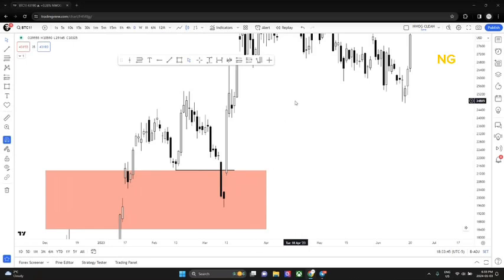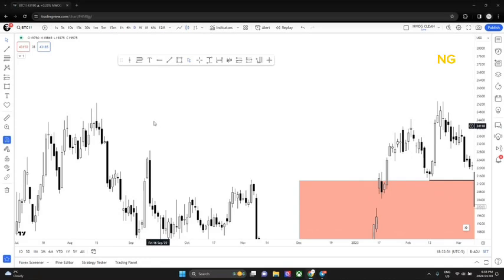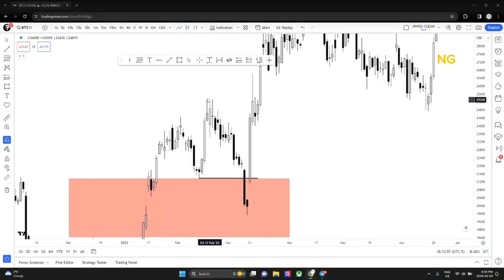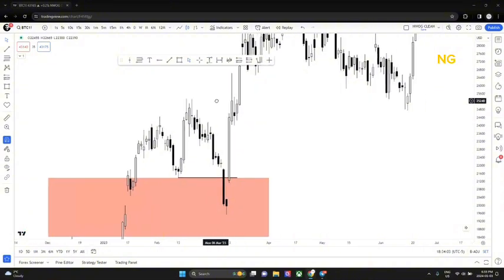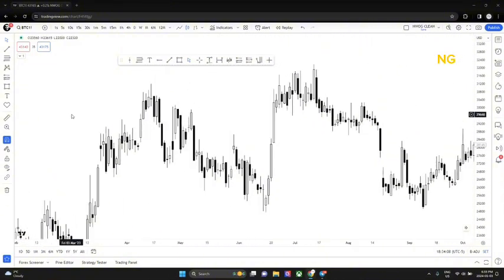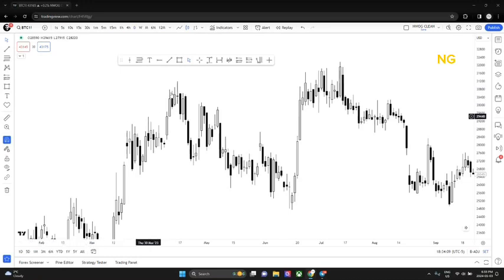Most times, if you see price run above this one, no imbalance right here, then drop, that's usually a fake move. And these highs will be revisited as they were here, right? So here, for example, there was no imbalance that caused price to drop.